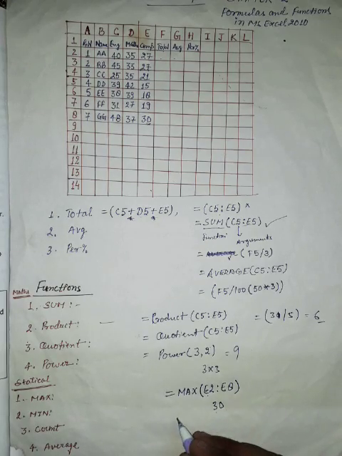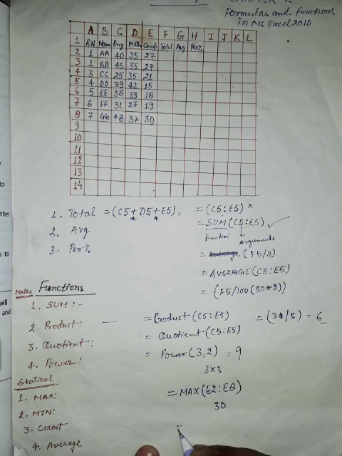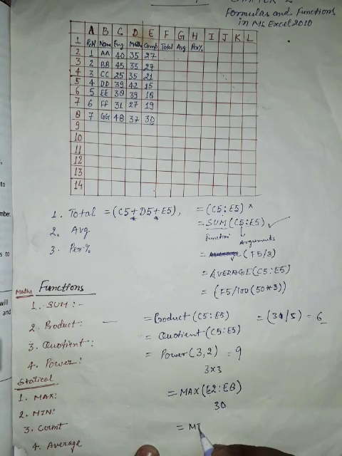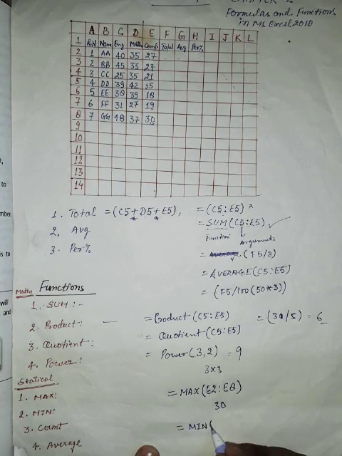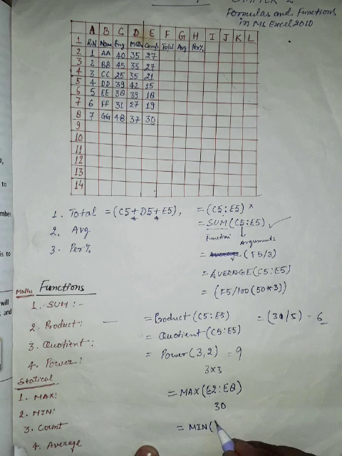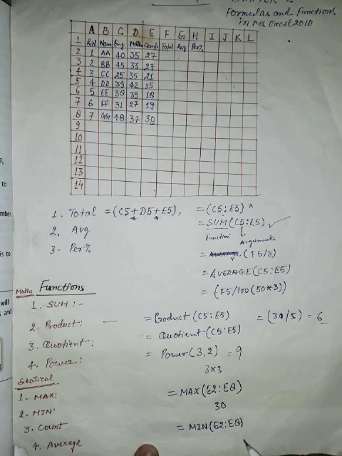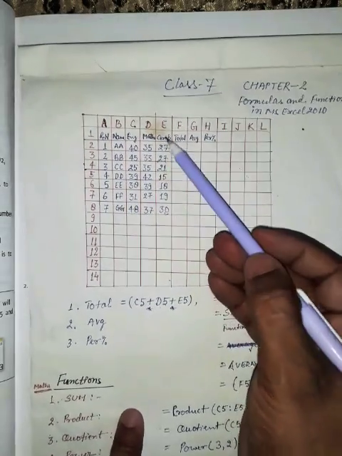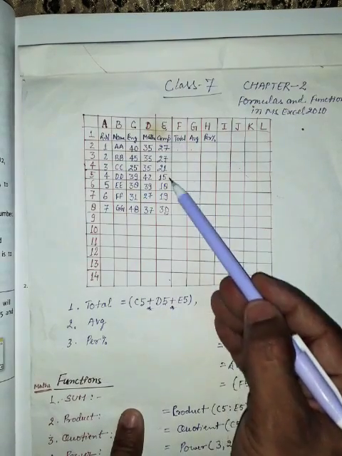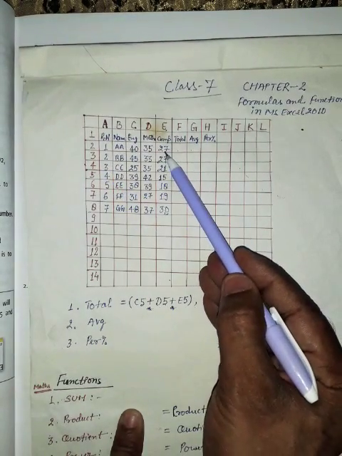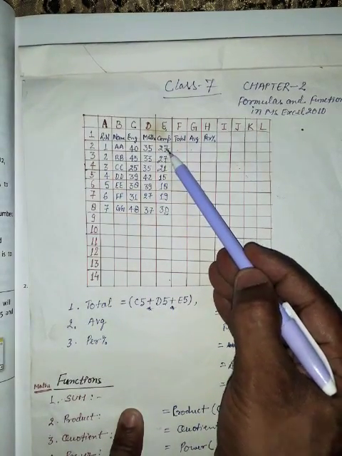For the minimum function you write the equal sign, MIN, and the range from E2 colon E8, because E is the column name and 2 is the row.